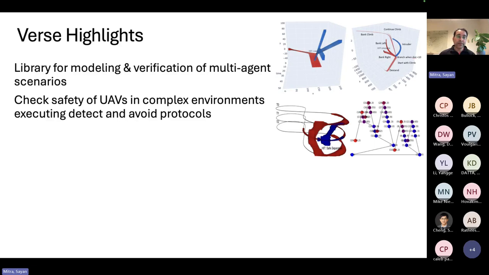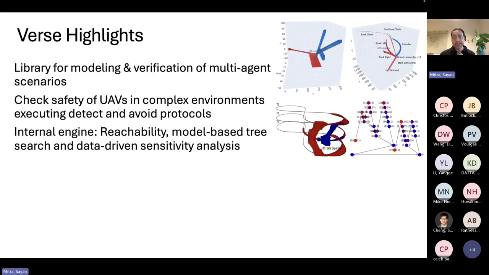So what verification allows us to do is to explore all of those behaviors that can arise from these uncertainties and evaluate whether the system is behaving correctly or decide whether one of those choices can lead to unsafe or incorrect behavior, right? So that's the verification problem that Verse tries to address.